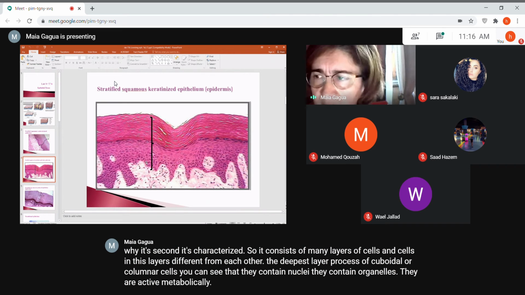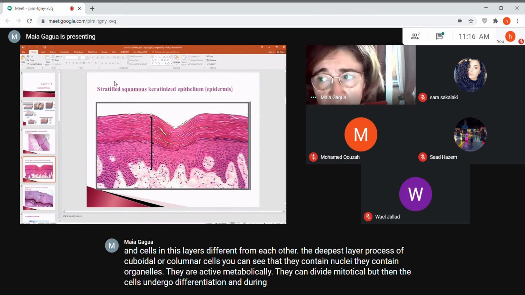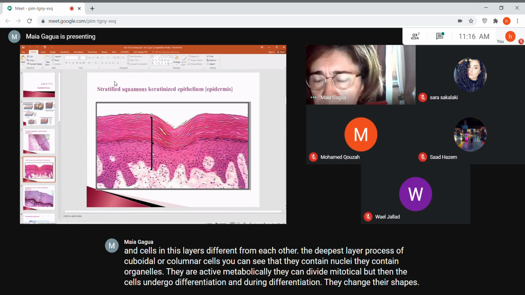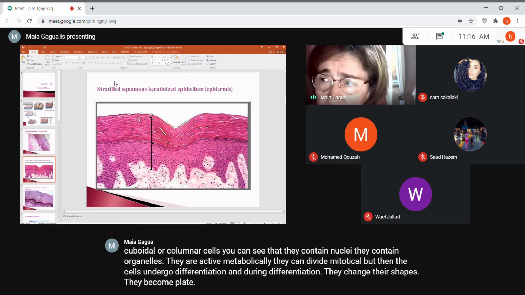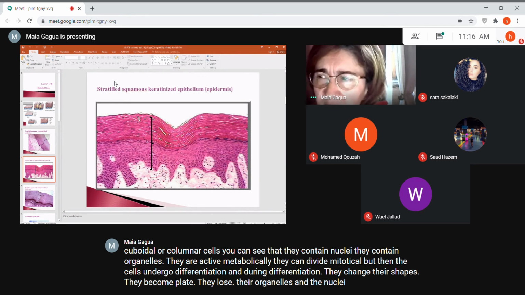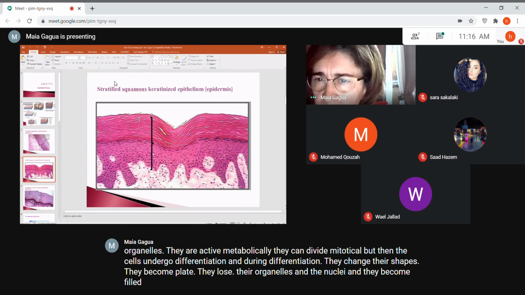They can divide mitotically. But then these cells undergo differentiation. And during differentiation, they change their shape, they become flat. They lose their organelles and nuclei, and they become filled with keratin.